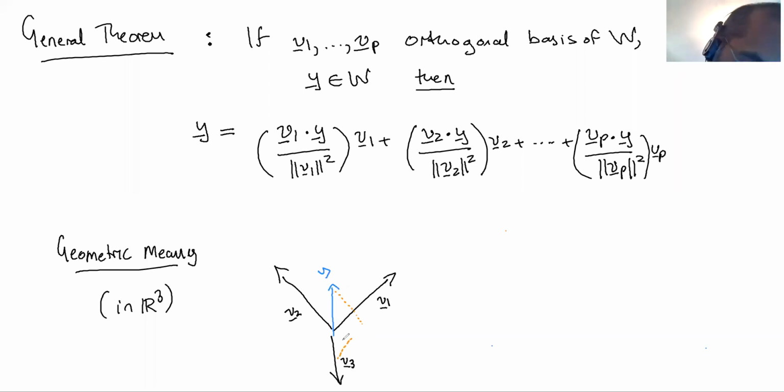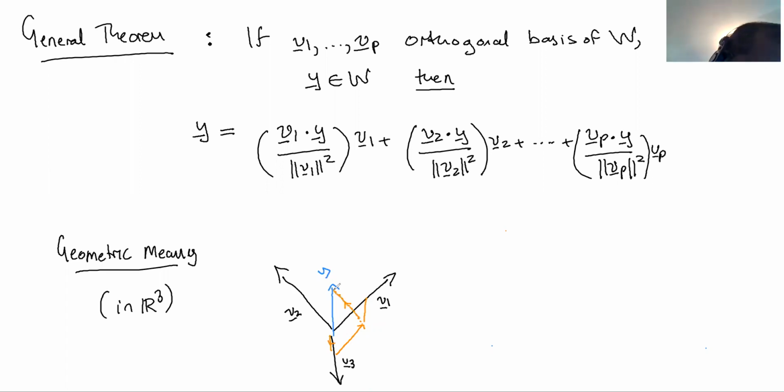Now, because these are perpendicular, in 3 dimensions, you're used to doing this in Cartesian geometry. I can uniquely decompose, okay, that didn't look very parallel. So this is just a rotated picture of what you're used to doing in Cartesian geometry. You can uniquely decompose this y into 3 perpendicular vectors, right?